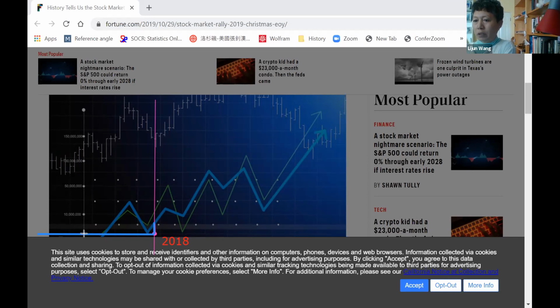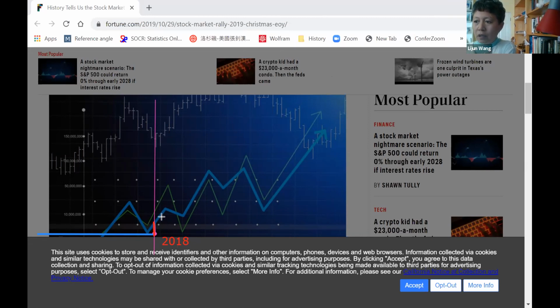The input is 2018, which is a year, right? The output is the red. Is that clear? How high? Maybe I should change the picture.